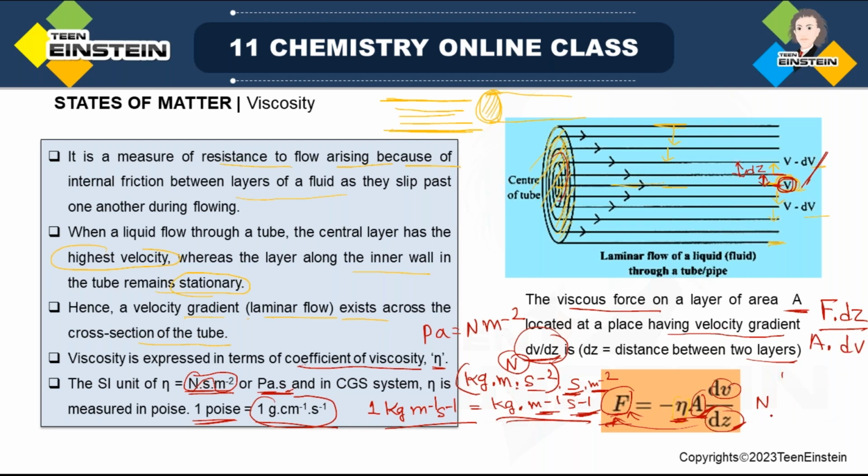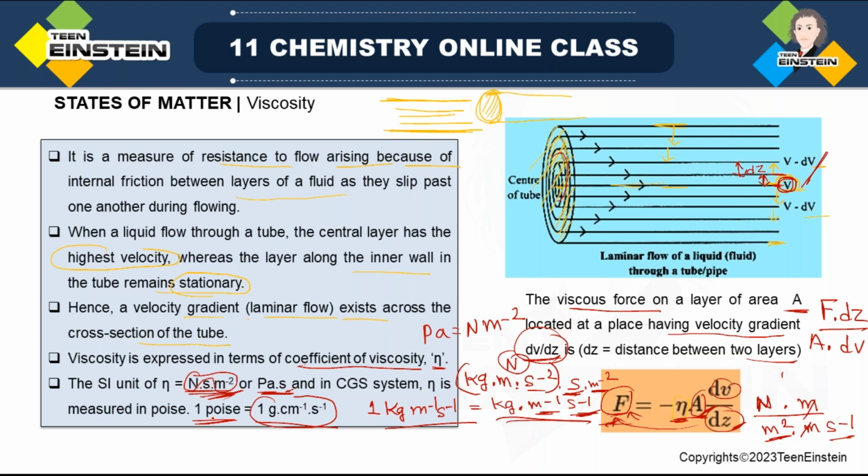In place of F, if I write Newton, then dz, which is distance, will be meter. In place of A, if I write meter square, and in place of dv, which is speed, it is meter per second. So if meter is cancelled, ultimately you are getting Newton per meter square into second. So see, it is the same which is mentioned here, that is the SI unit of it.